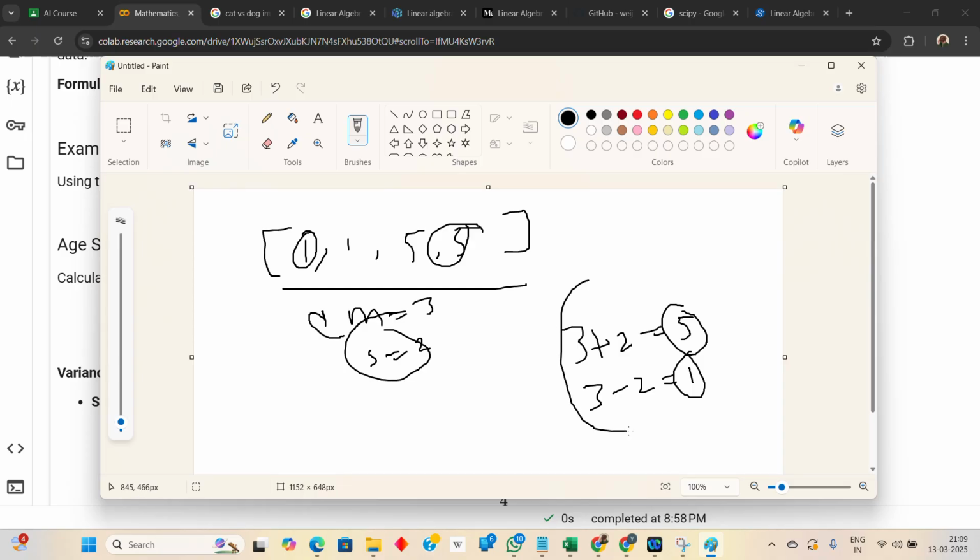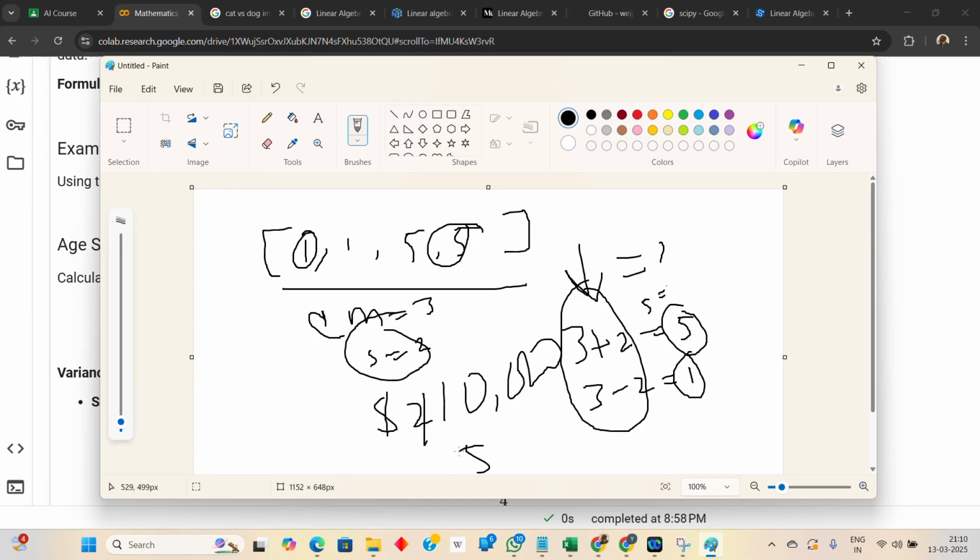So the government officials need to know both things: what is the average and what is the standard deviation. If they know these two things, then they will understand how the salaries are spread across the entire street. For example, 110,000 dollars per year is the average and the standard deviation is 50,000.